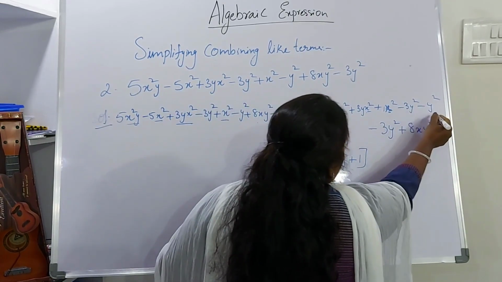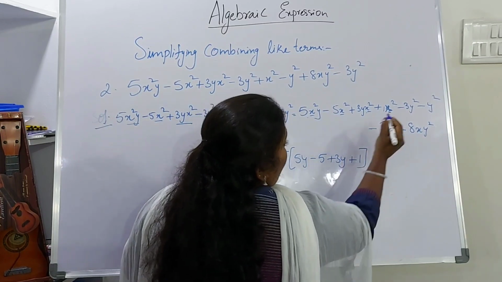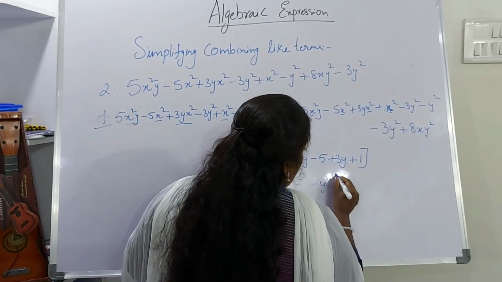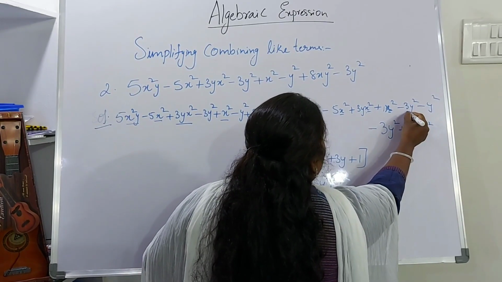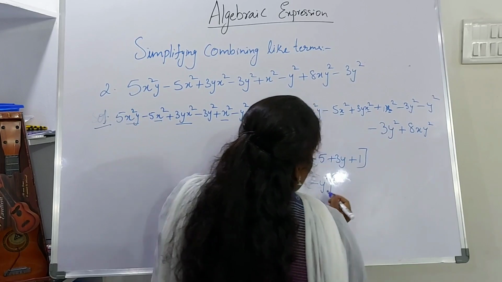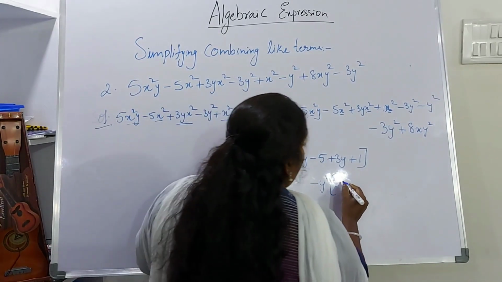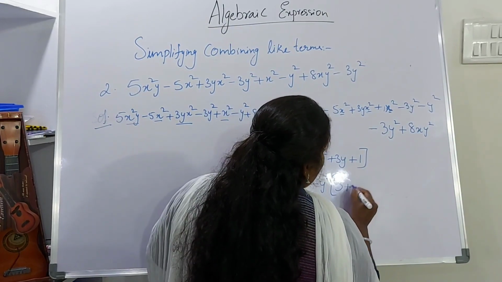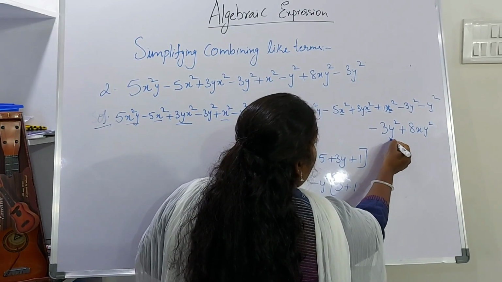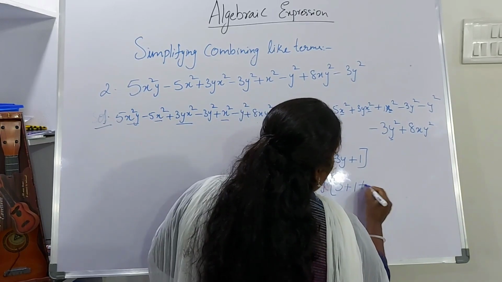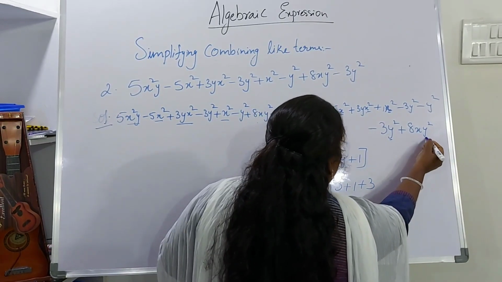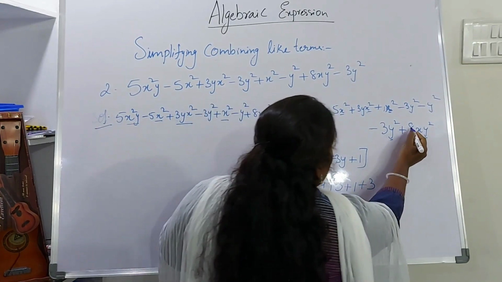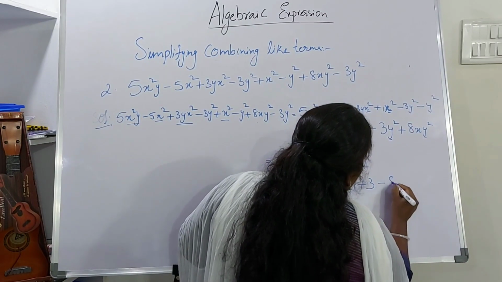Now from these 4 terms I can take y square common. So I'll take minus y square common out. The coefficient of y square is minus 3, but since I have taken minus out, I can write 3. Now minus already I have taken, so it will be plus 1. Here I have taken minus y square, so it will be plus 3, and here I have taken y square out, but I have taken minus outside. So this will be minus 8x.